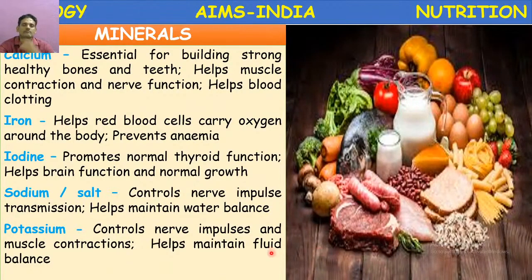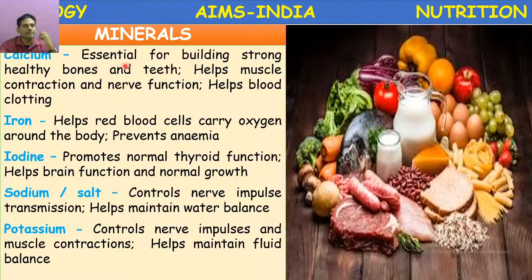So mostly these minerals are available in the food which we eat, fresh leafy vegetables along with water. Water plays a very important role in obtaining the minerals. And common salt, iodized salt, contains sodium, iodine, and chloride, all these three.